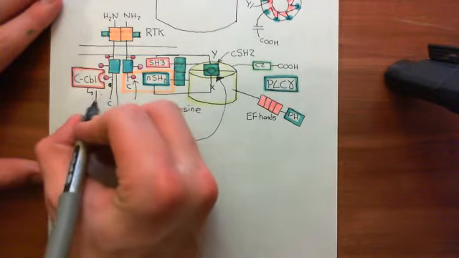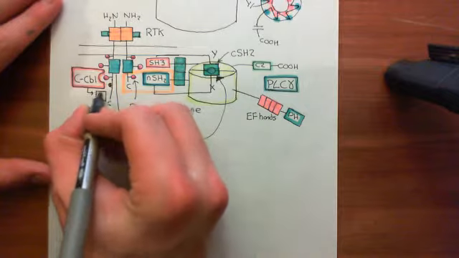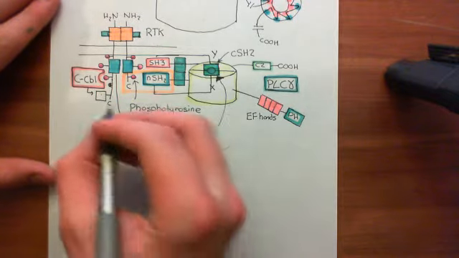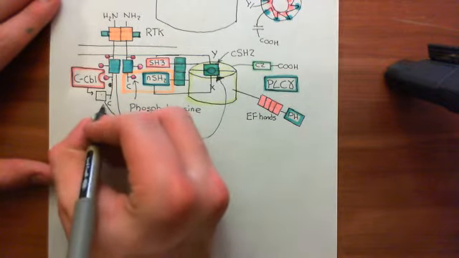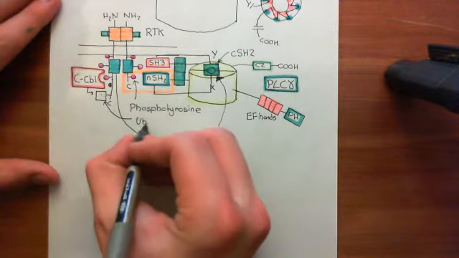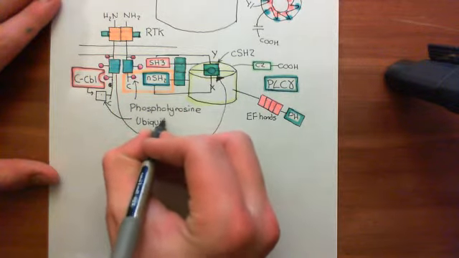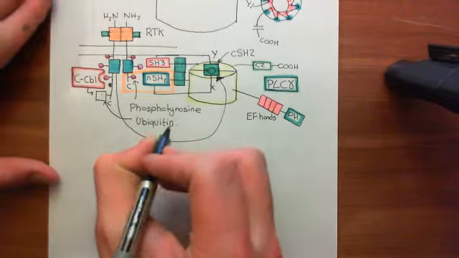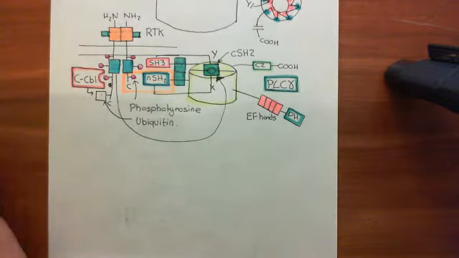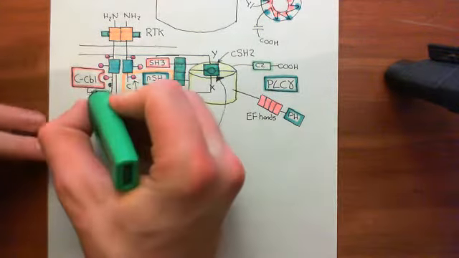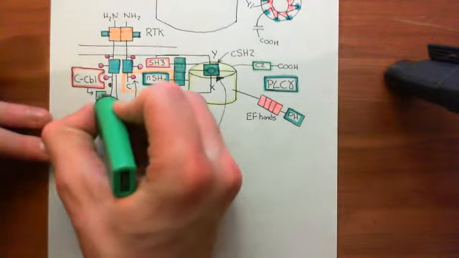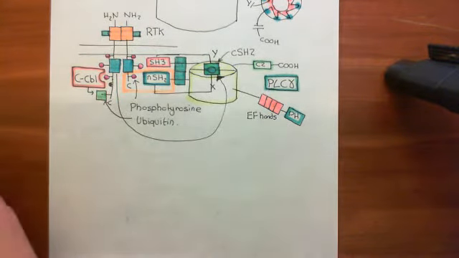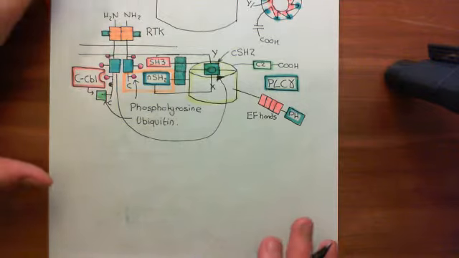It's going to attach a special group onto the side of the receptor tyrosine kinase that is called a ubiquitin group. Now a single ubiquitin group is going to be added on, so we call this monoubiquitination. So here in green, this is our single ubiquitin group that has been added on to our receptor tyrosine kinase.